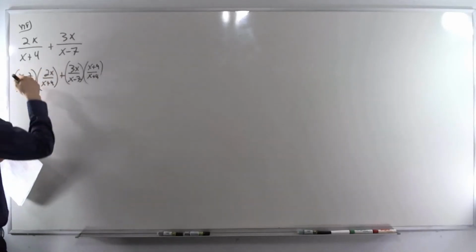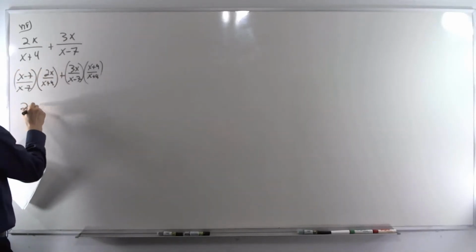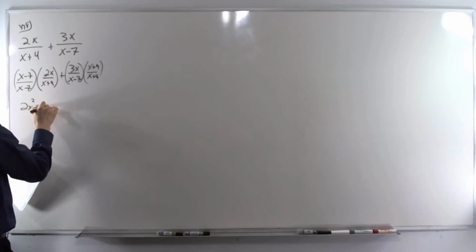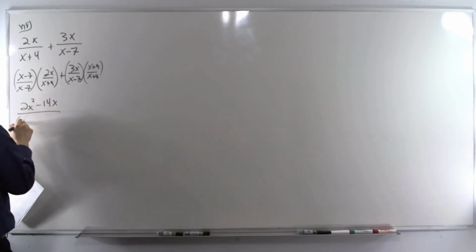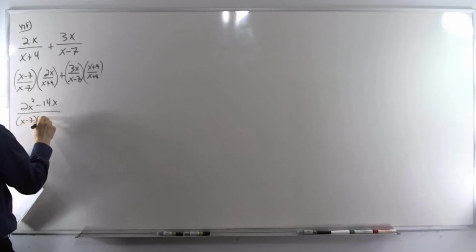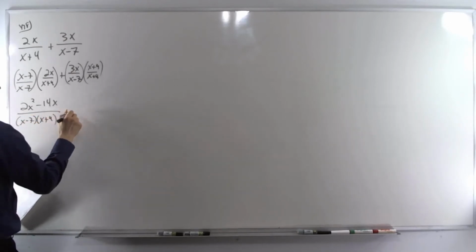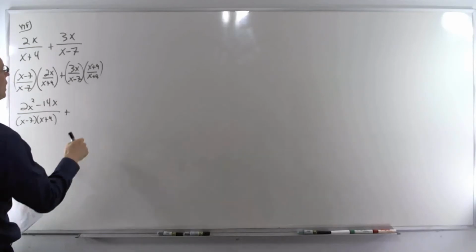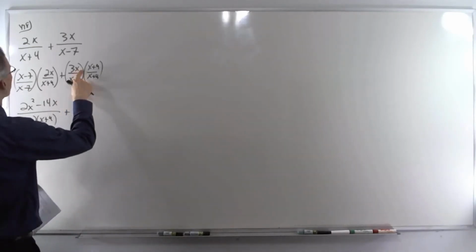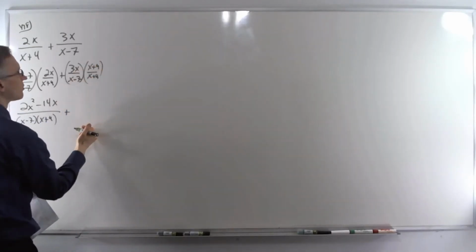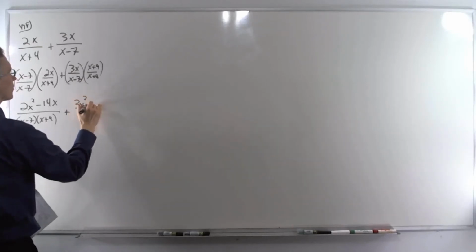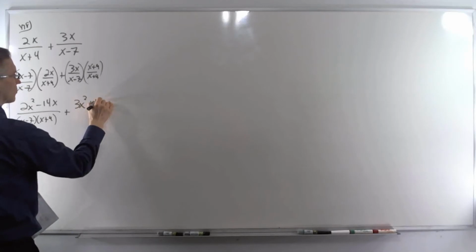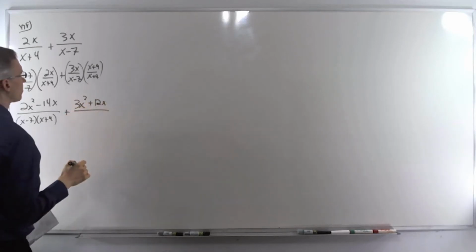Distributing 2x into x minus 7, that gives us 2x squared minus 14x. And over here, distribute 3x into x plus 4. So we get 3x squared plus 12x.